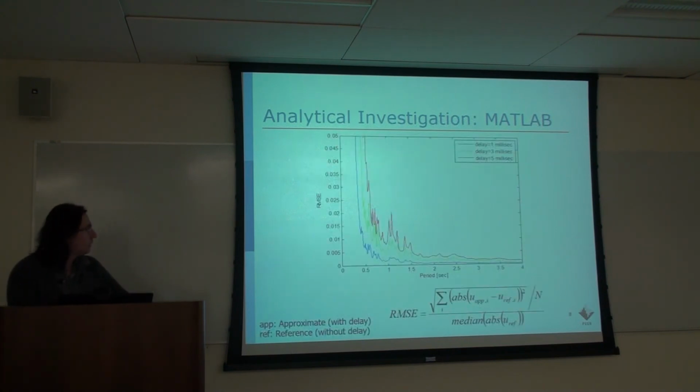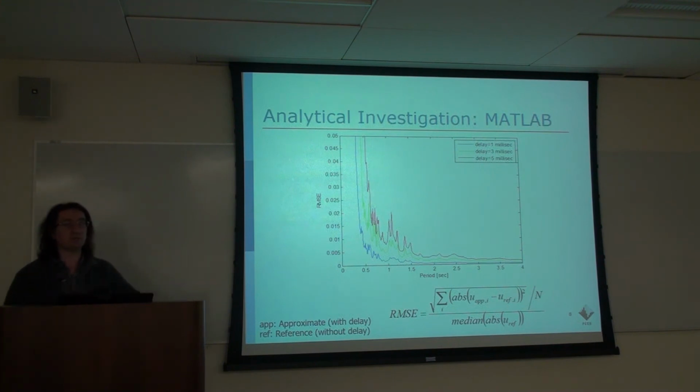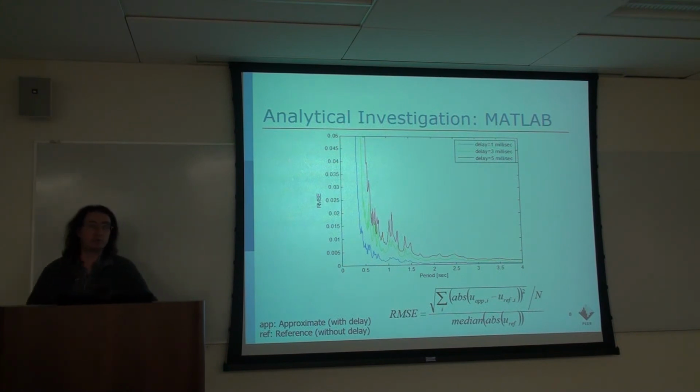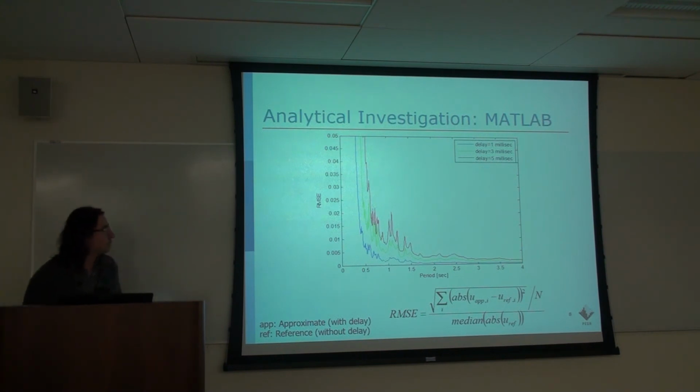With this explicit numeric integration, we can run time series analysis for different periods, right? We can run analyses with different delay cases and without delay, compare the two cases, and get the difference between them, and that will be our error.